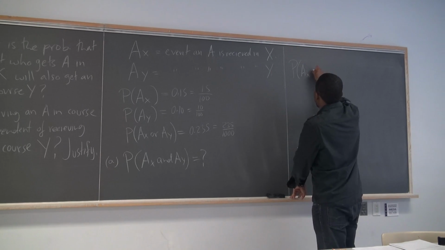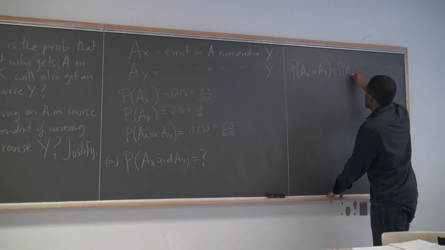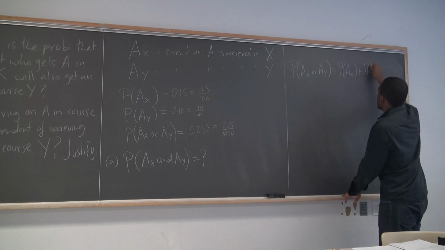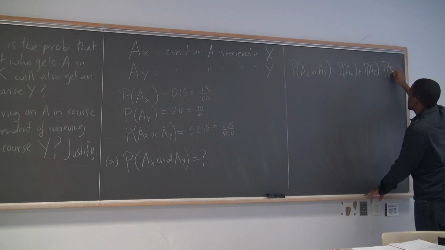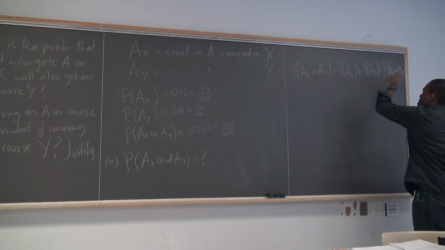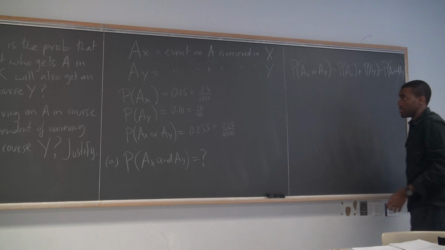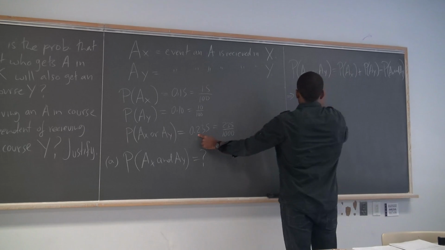P of AX or AY is equal to P of AX plus P of AY minus P of AX and AY. Right? So I know this, I know this, I know this. They're asking me for this. Just solve the equation. So P of AX or AY is 0.235.